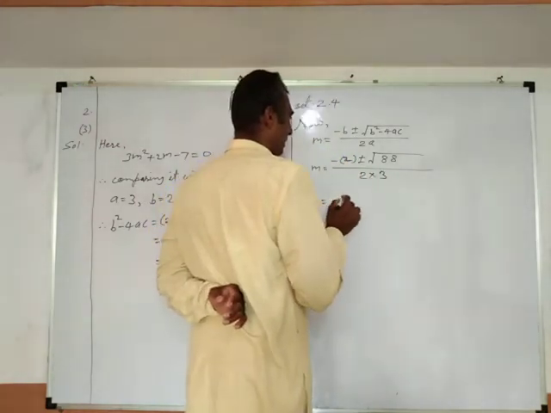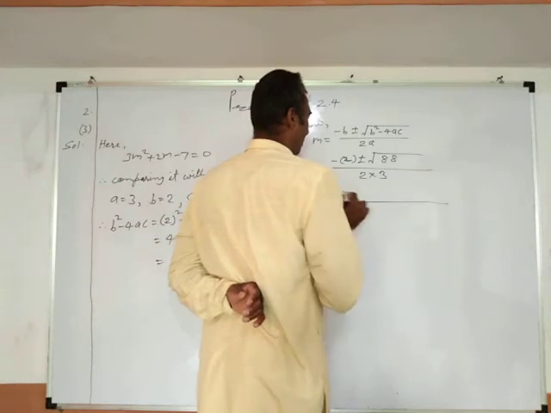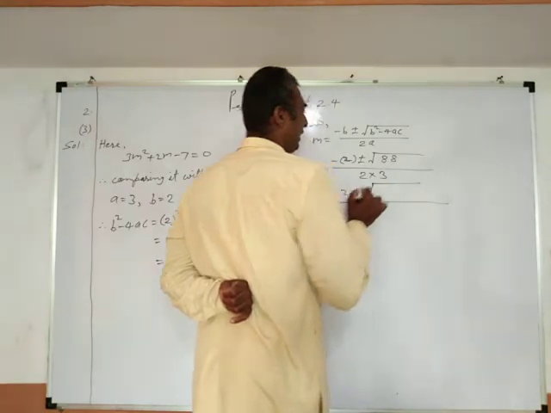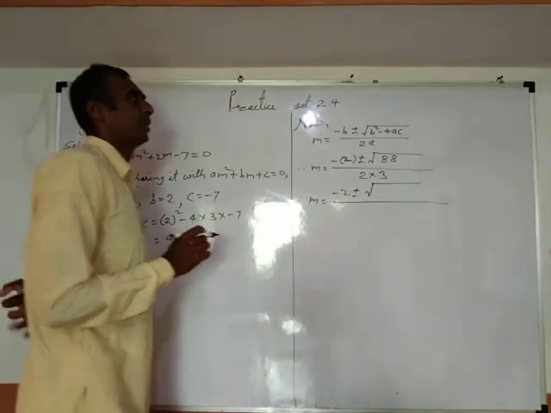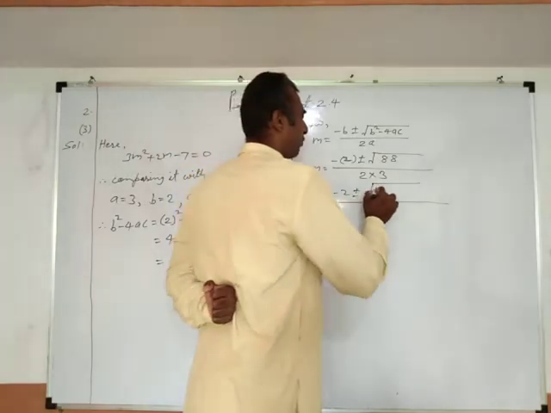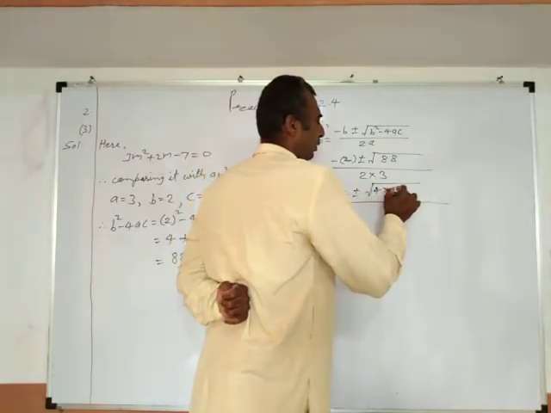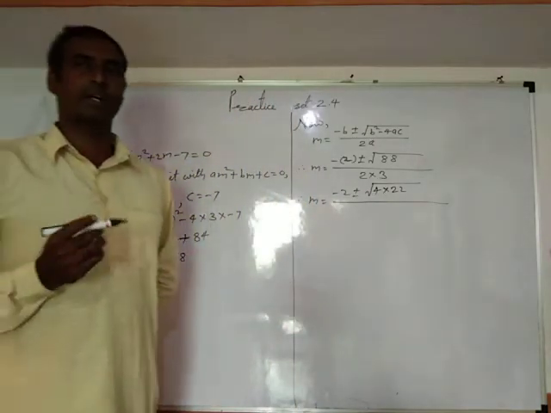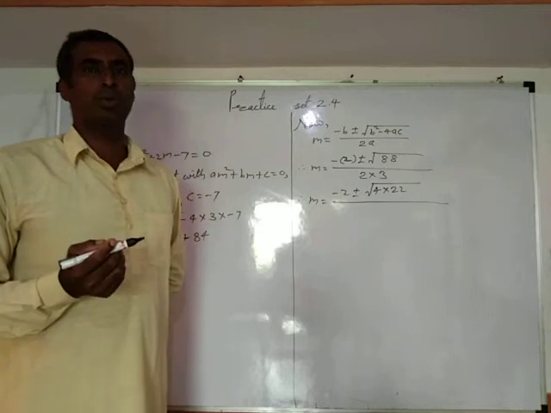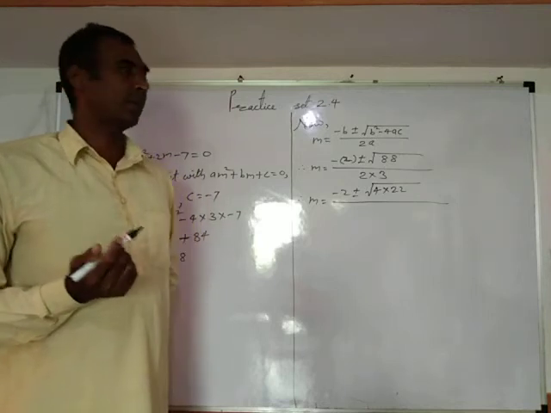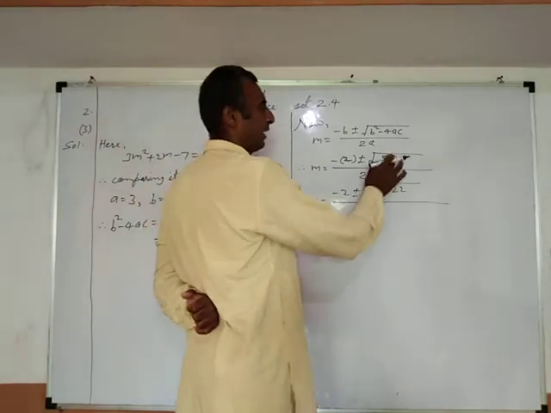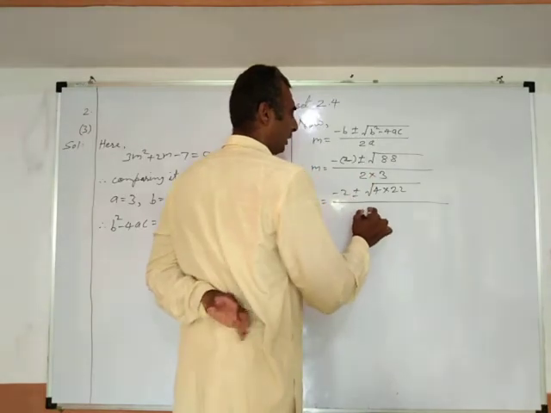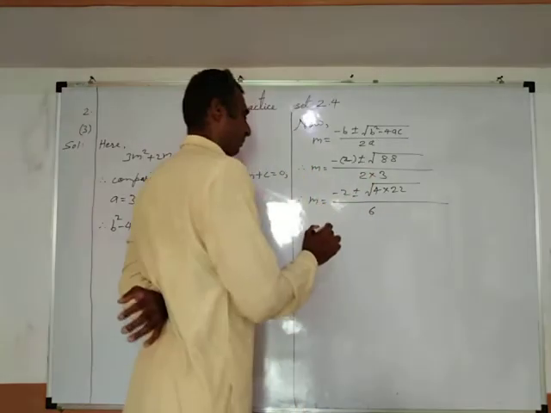Therefore m equals minus 2 plus or minus, 88 we may factorize as 22 fours or 4 into 22, where 4 is a perfect square and 22 further we may factorize as 11 into 2, both are not perfect squares. That's why it is sufficient to factorize 88 as 4 into 22, upon 2 into 3, means 2 3s are 6.